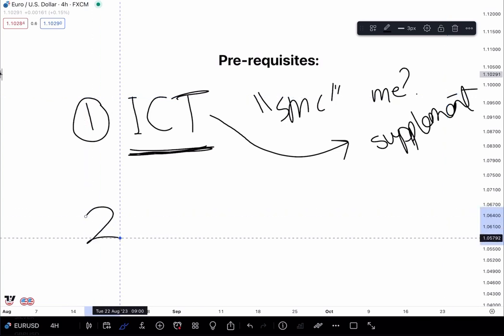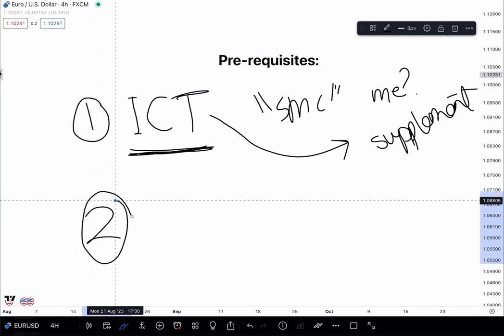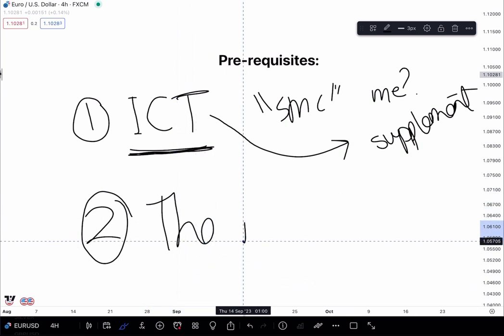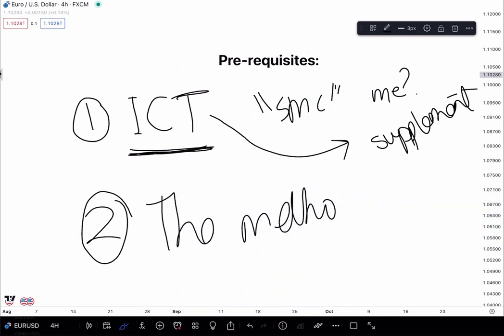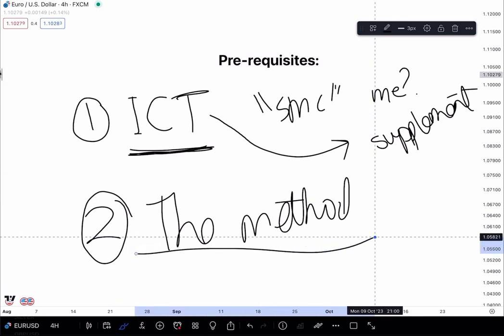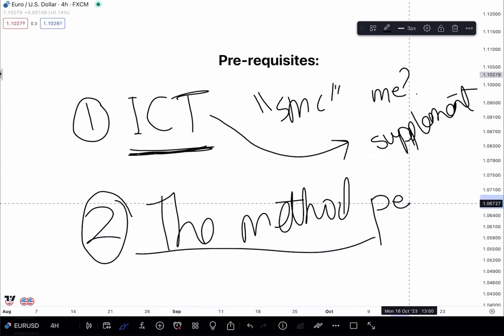Number 2, preferably you have taken the method, which is level 1, details in the pinned messages of the Telegram account, which exists at the moment of this recording.